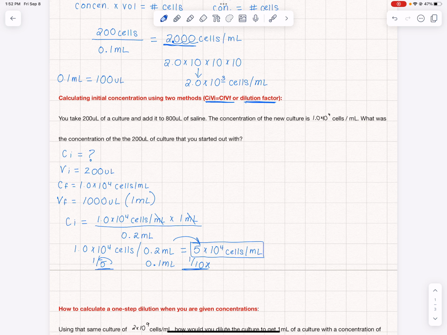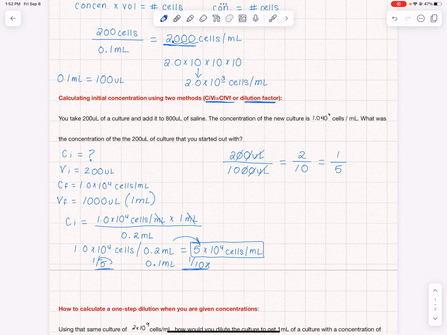So if we know that we started out with 200 microliters, and in total we ended up with 1,000 microliters, if we remove some of these units, cancel some of these zeros, it would be the same thing as saying 2/10 or 1/5.